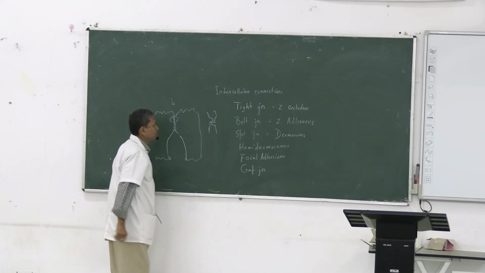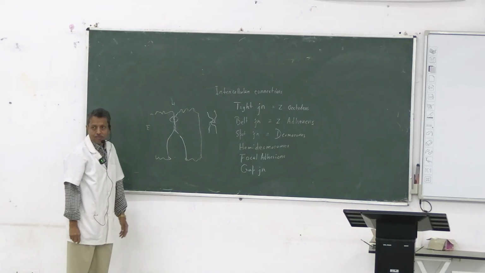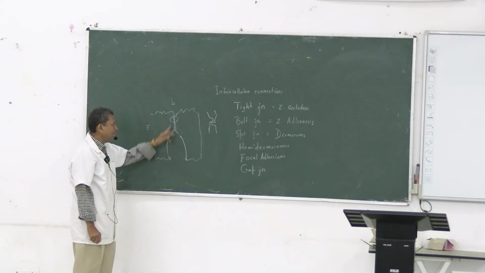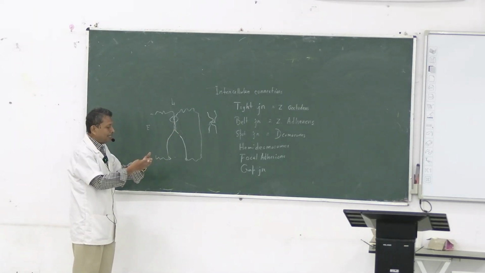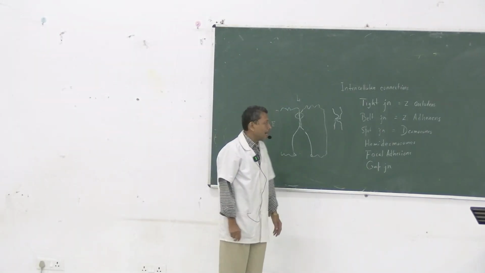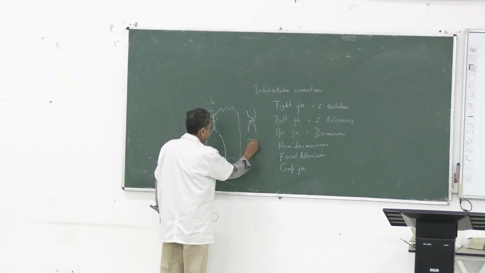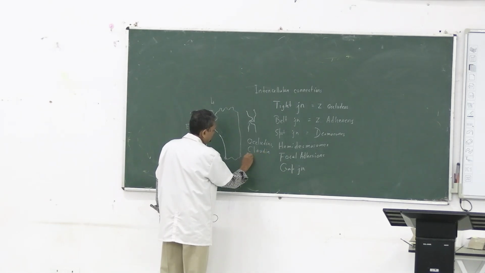Tight junctions. And there are some transmembrane proteins there, by means of which the cells are opposed, and they have different names like occludins, claudins, junctional adhesive molecule.